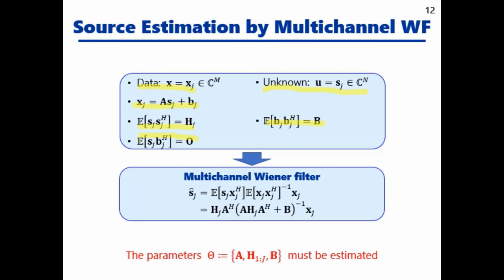Consequently, the source signal estimate by the multi-channel Wiener filter becomes like this. A challenge in designing this filter lies in that the parameters A, H, and B are unknown and so need to be estimated from the mixtures.